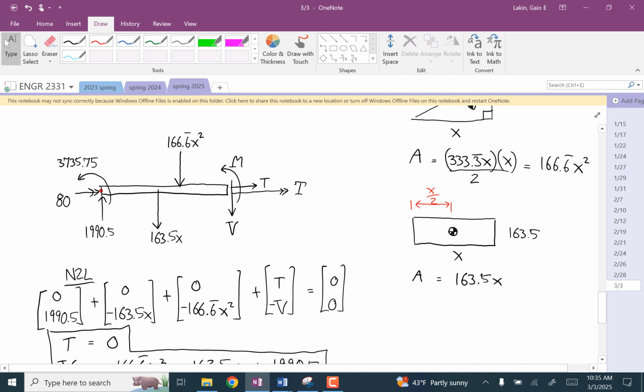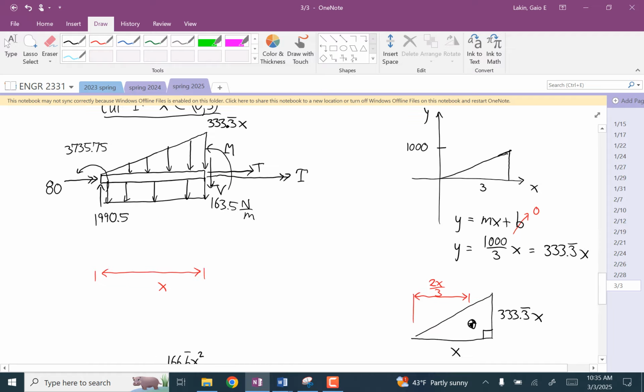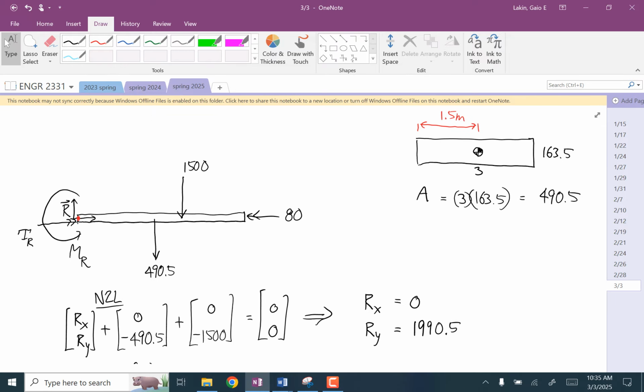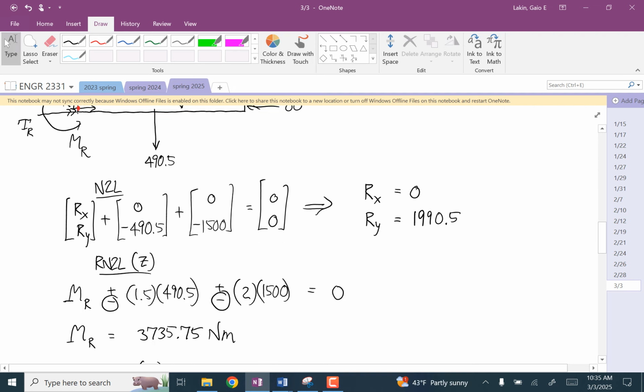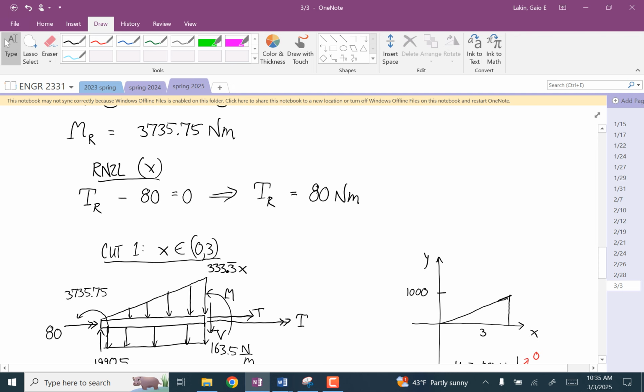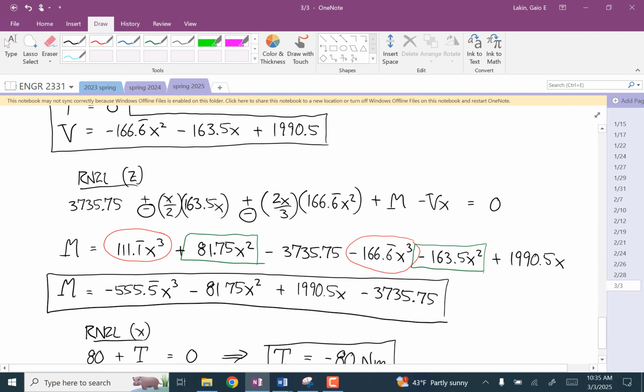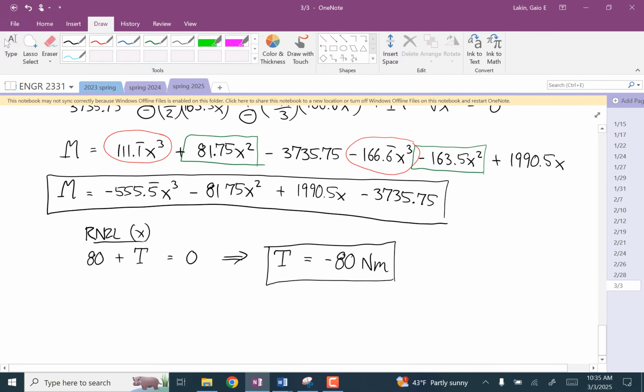The force, which one? The 80. It was going to the left on the right side, but then we calculated it over here, and it has to be equal and opposite, so it was going to the right then. Sure. Yeah. Any other questions? Pin joints can apply that torque as a reaction force, right? Okay.